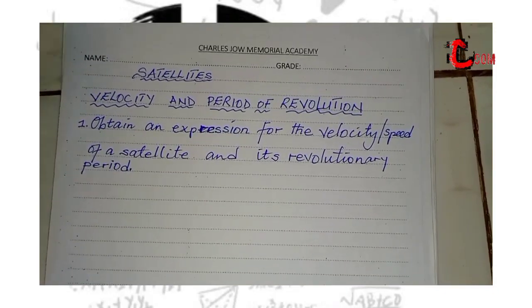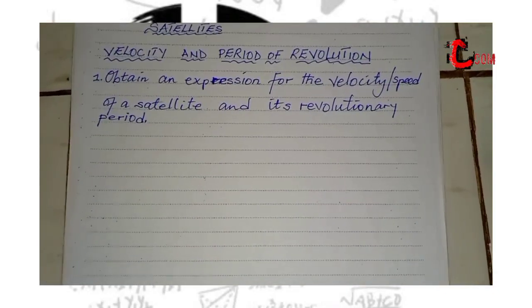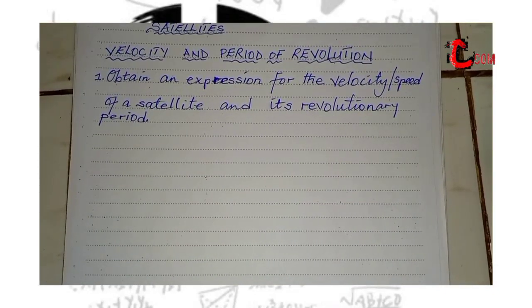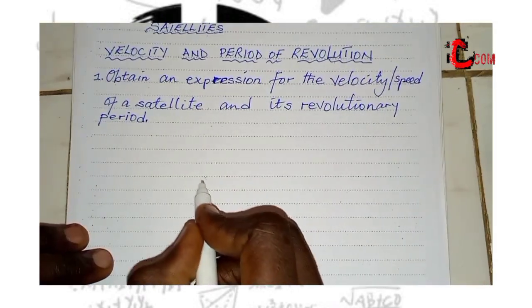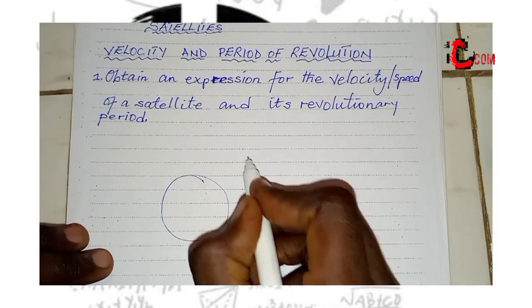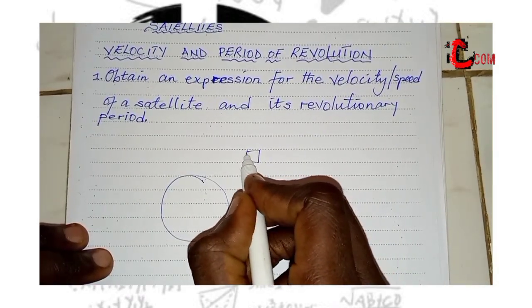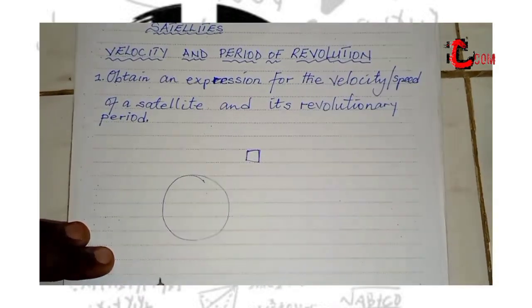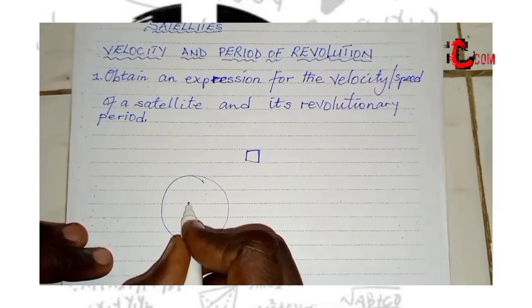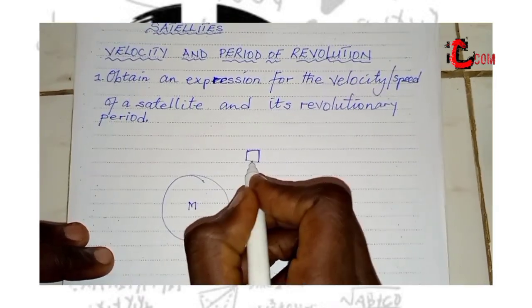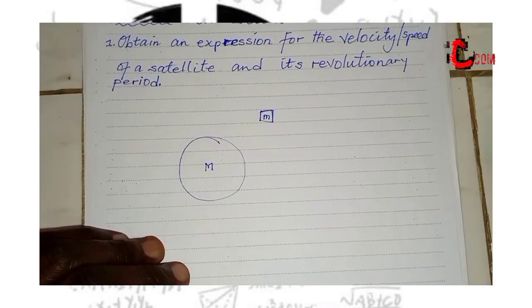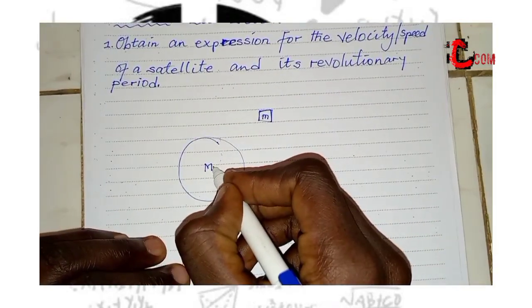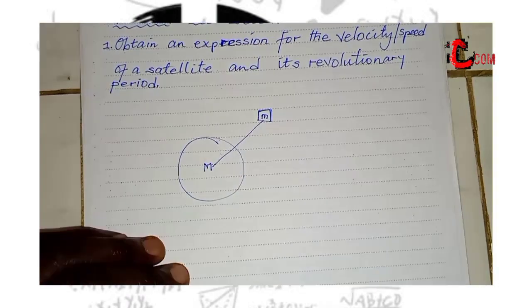First, consider a satellite that is revolving around a planet. If we consider this as a planet, and this is the satellite revolving around the planet, the planet has a big mass and the satellite has a small mass. There are two forces that keep this satellite in position.